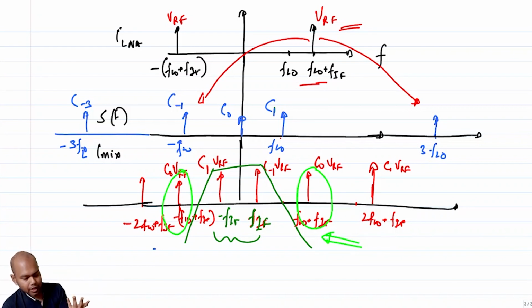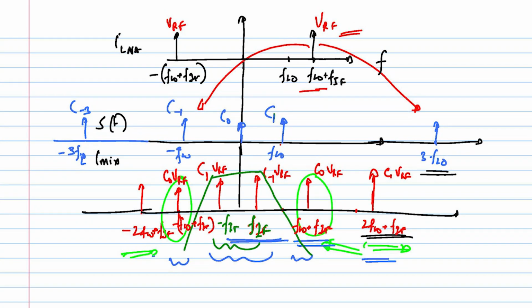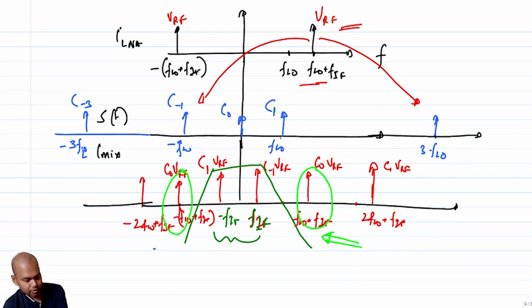Depending upon the gain of the mixer, this can be pretty high. And note that this depends upon how far it is from FIF. If, let's say, FIF is 10 megahertz and FLO is 1 gigahertz, it's about 2 decades away. What is the level of filtering that you need to achieve? You'll have to decide whether this is acceptable or not.